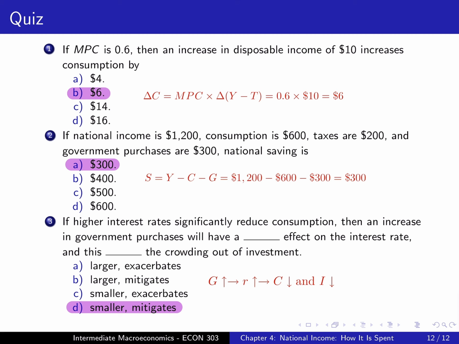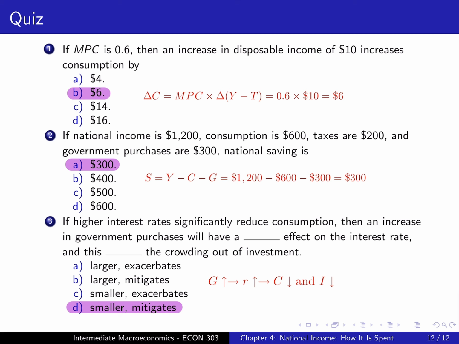However, if a higher interest rate also causes households to reduce consumption significantly, the initial rise in demand is partially offset. As a result, the real interest rate does not need to increase as much to restore equilibrium in the goods market.